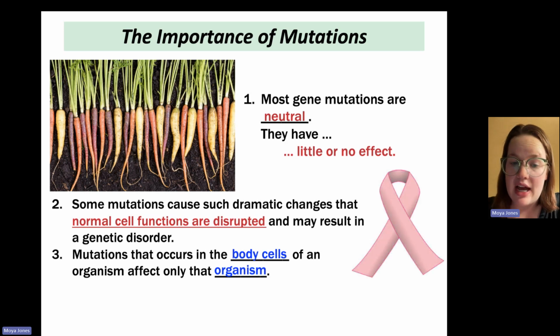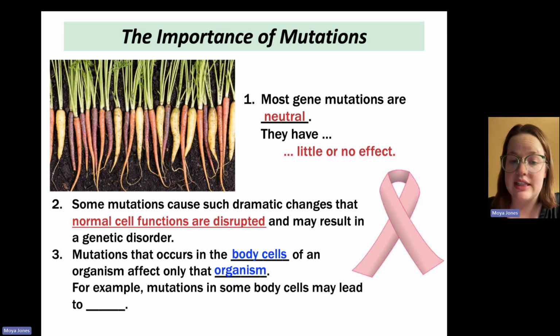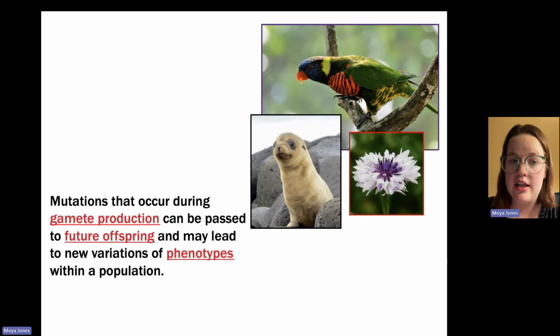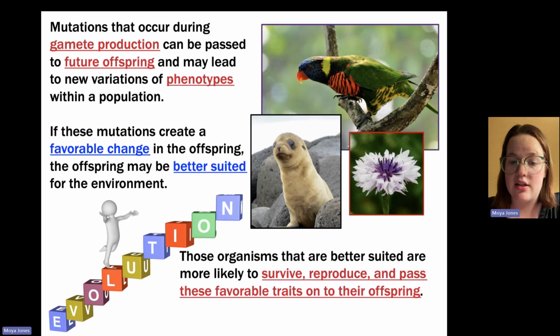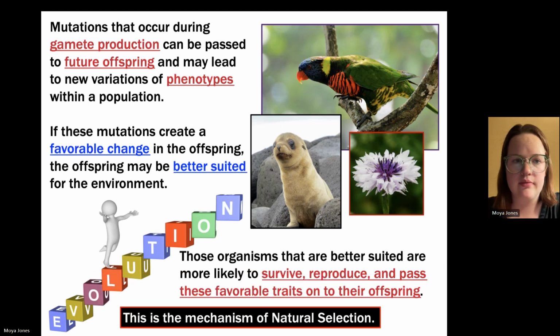However, if you have a mutation in your gamete, then that can be passed on to your children. So mutations that occur in your gametes, or in the production of your sex cells, can be passed on to future offspring.